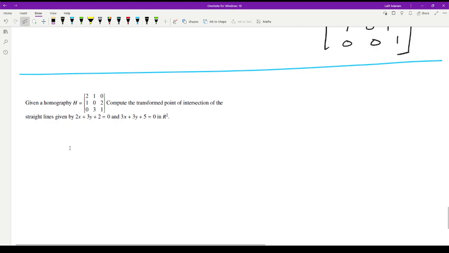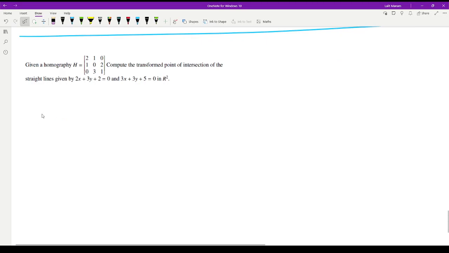Okay, so we have another question on homography. We have this homography matrix H given as 2 1 0, 1 0 2, 0 3 1. Compute the transformed point of intersection of the straight lines given by this. Oh, it's easy, right? What do we do here?